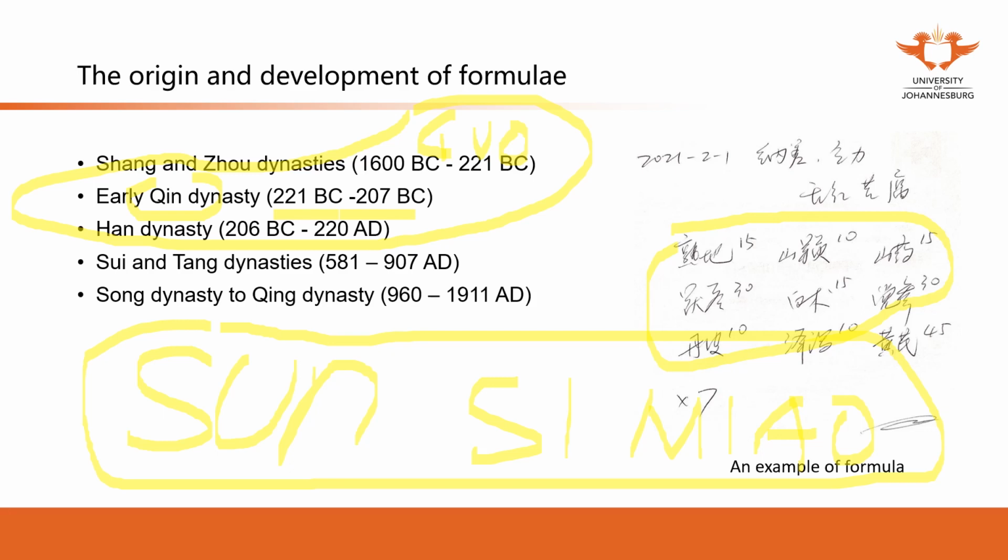From the title, for some of them we can identify where they come from. For example, in the Sui and Tang dynasties, about 1,500 to 1,000 years ago, in the books of Sun Simiao, you can see many titles that were actually from India, because they kept the old Indian pronunciation.